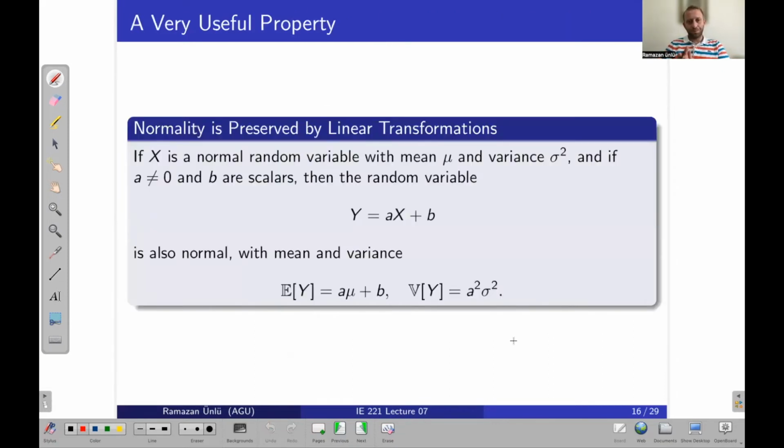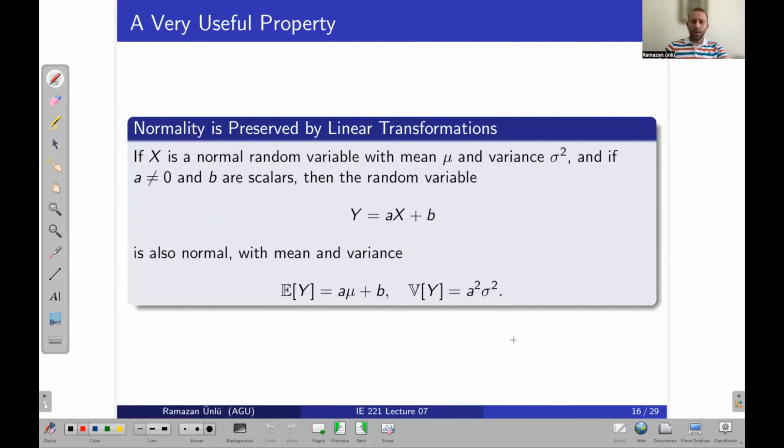So there is a very useful property of the normal distribution, and we can use this property in many different problems. We title it: normality is preserved by linear transformation.